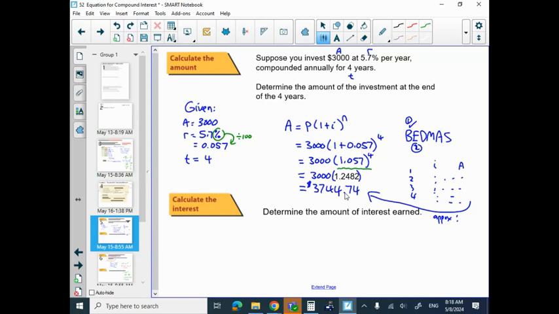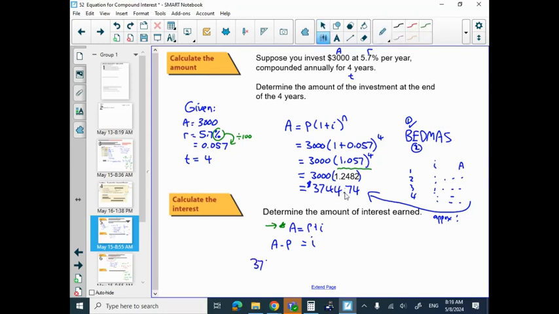So calculate the amount of interest earned. Well, we know that the amount equals the principal plus the interest, or in other words, interest equals the amount minus the principal. I'd kind of rather you not think of this one as a new one to remember, right? You can still just use this one that you already know. Less things to memorize is always good, right?